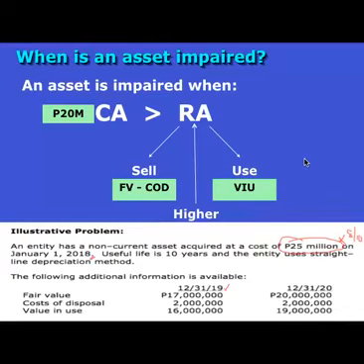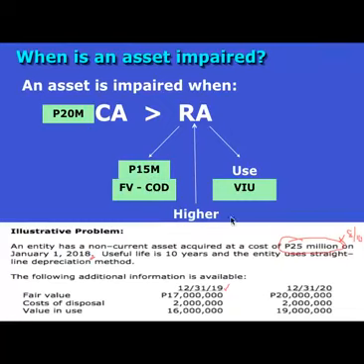In this problem, the fair value, cost of disposal, and value in use are given. Fair value, 17 million. By the way, fair value is determined in accordance with PFRS 13, the standard on fair value measurements. Costs of disposal, 2 million. So 17 minus 2: the amount recoverable from selling the asset, fair value less cost of disposal, is 15 million.